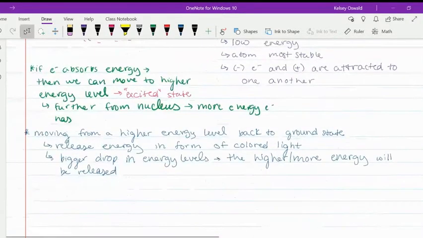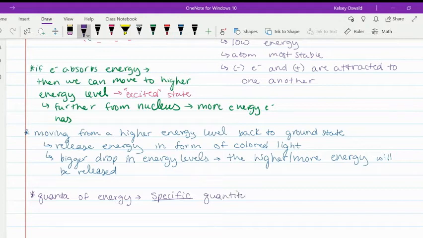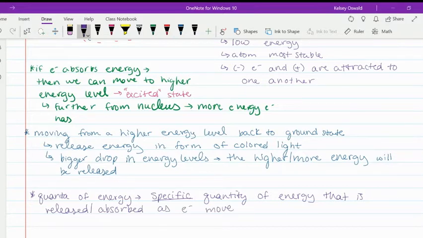When we talk about a quanta of energy, think of it as a quantity, a very specific quantity of energy that is either released or absorbed as our electron moves between energy levels.